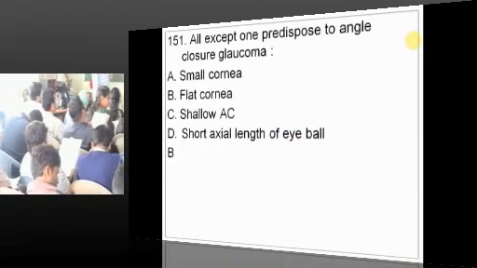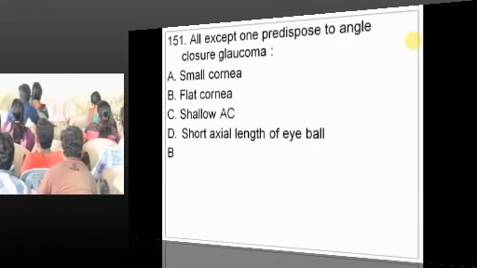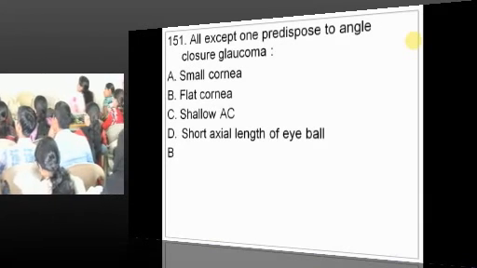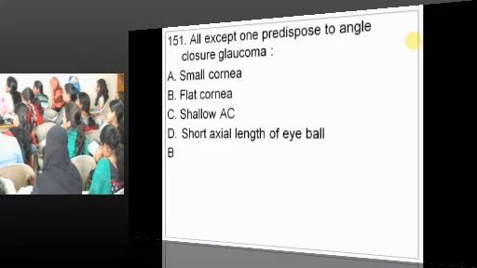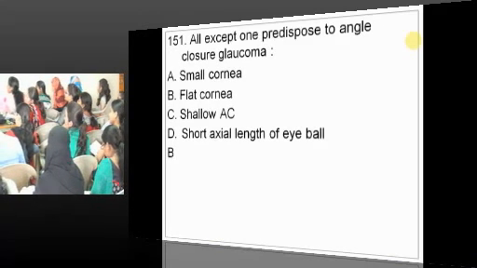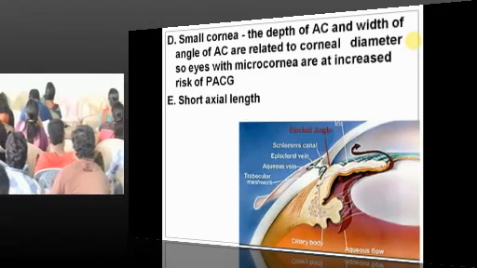Any alternative answer? Flat cornea is not implicated, is it? Sir, actually all are correct. You mean to say flat will make it closer to iris, sir? Yes, sir. All are correct. We'll check this.